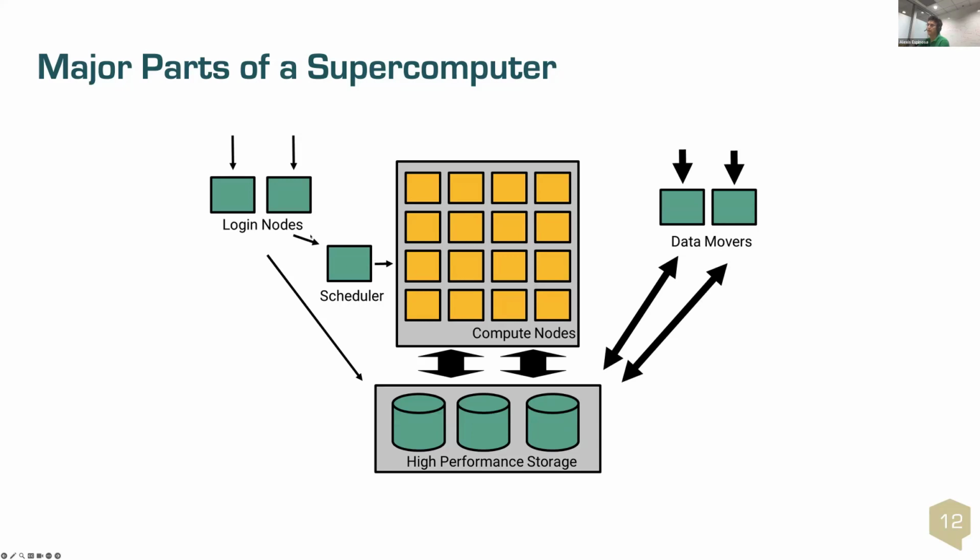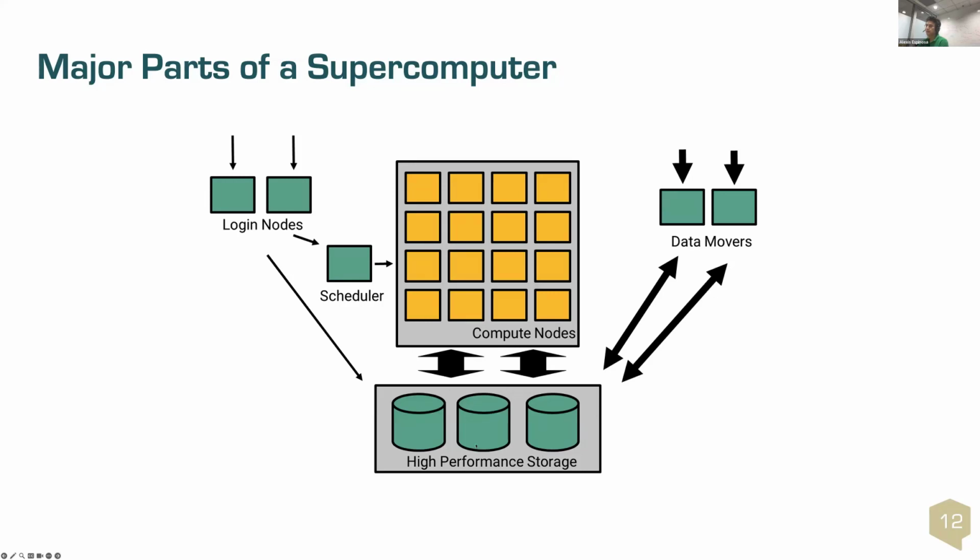So that script is received by the scheduler. So the scheduler also resides in some nodes in the computer, and it's doing all the thinking on when to run that job, how many resources it will need, and find some space for it, and then finally deliver it to the compute nodes.